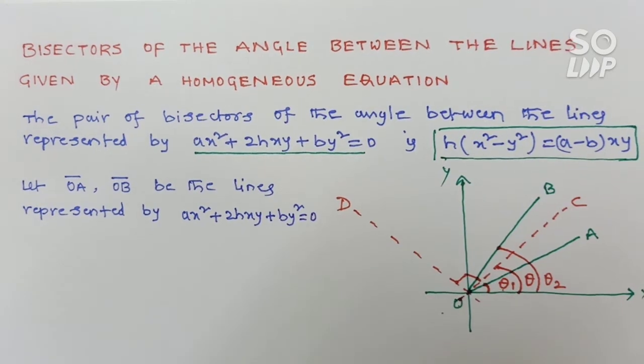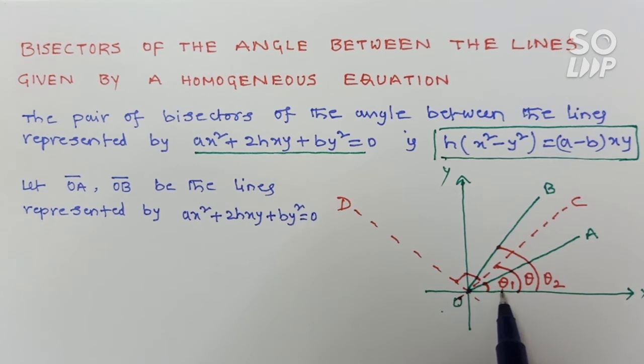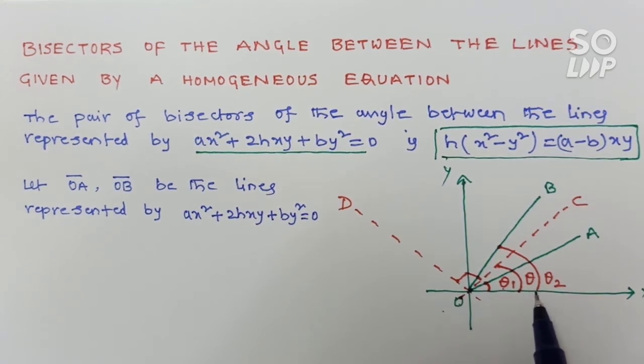OA makes an inclination theta 1, so the slope of OA is tan theta 1. Slopes are denoted in terms of m.